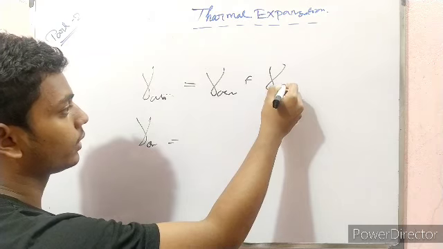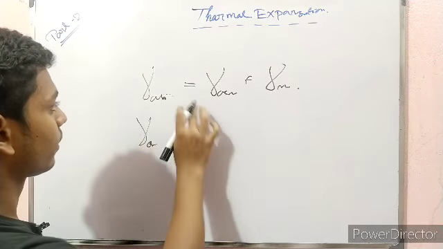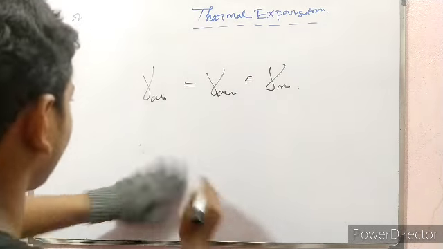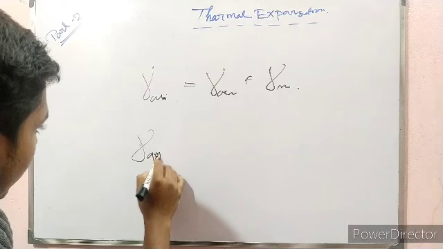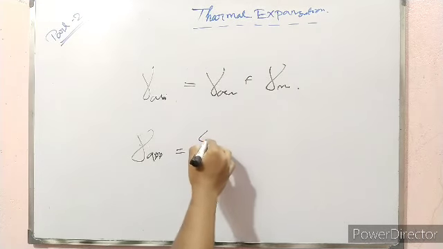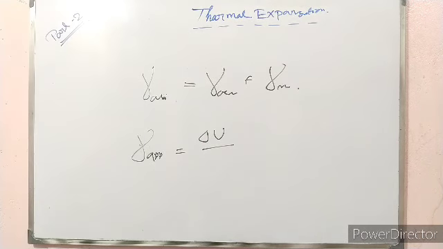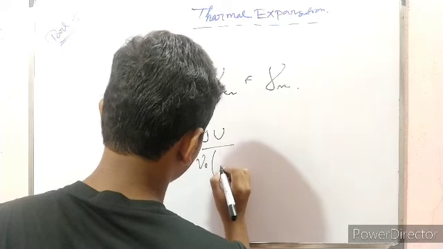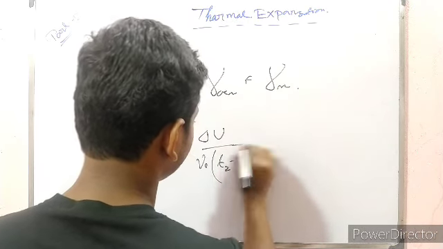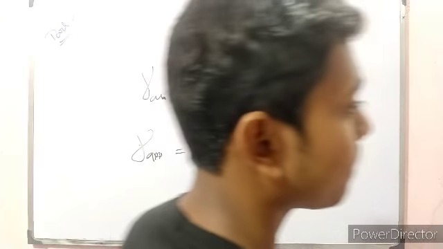If gamma is equal to the change in volume delta V divided by V naught into the temperature change, T2 minus T1, so this is the concept.